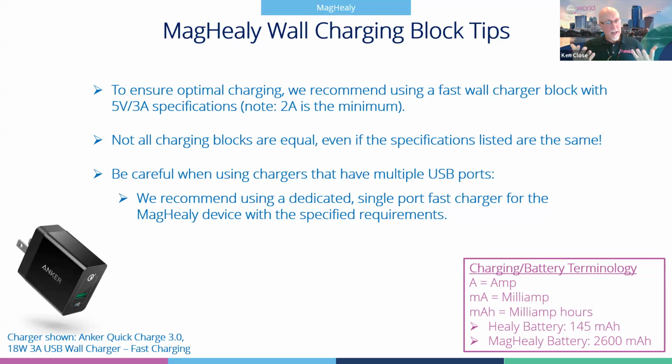So if it's a 5000 milliamp or 5 amp block with 5 ports, and they're saying each port has 2 amps or 2000 milliamps, probably not, if it's not really high quality, because it's splitting that whole 5000 over those 5 ports, meaning you might get 1000 milliamps, or 1 amp per port. So those are just important distinctions to make when you're making your choices.